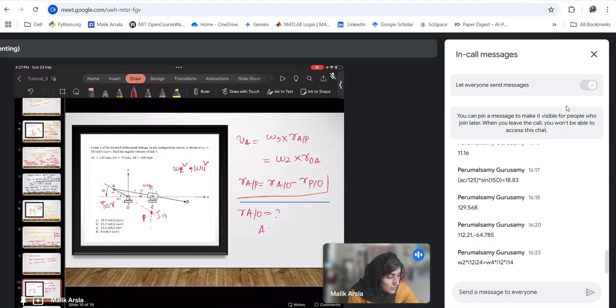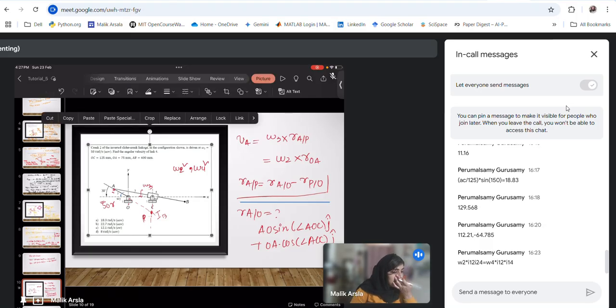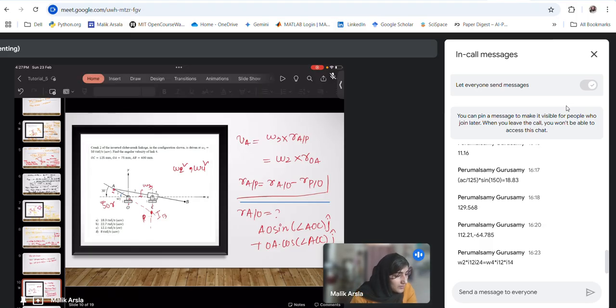RAO is AO sine of angle AOC j cap plus OA cos of angle AOC i cap, right? So angle AOC is given, that is 180 minus this 30, which is 150 degrees.